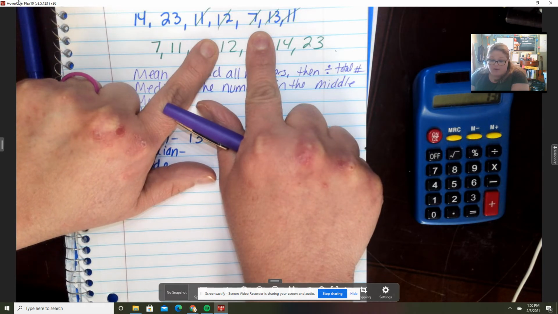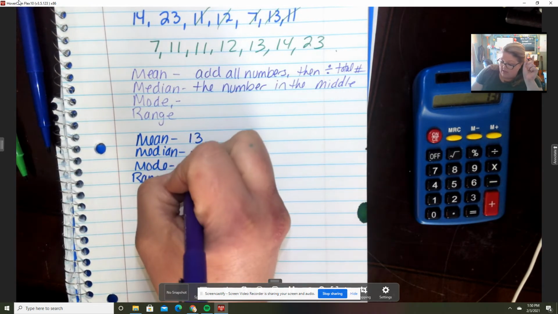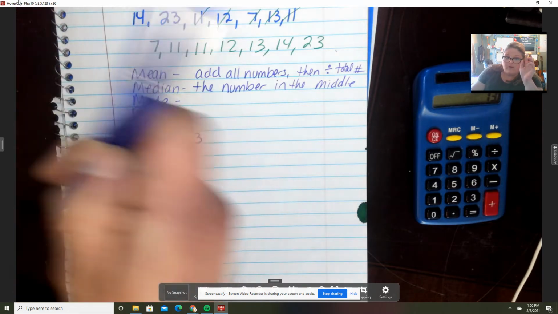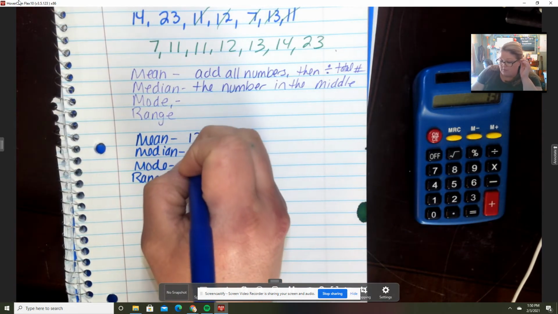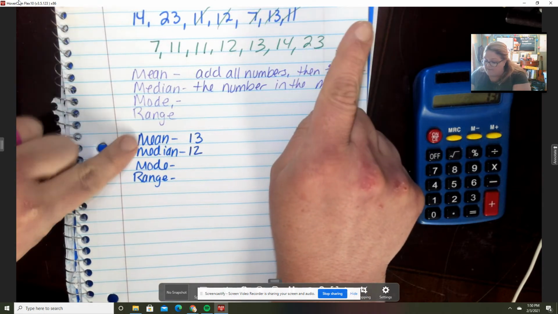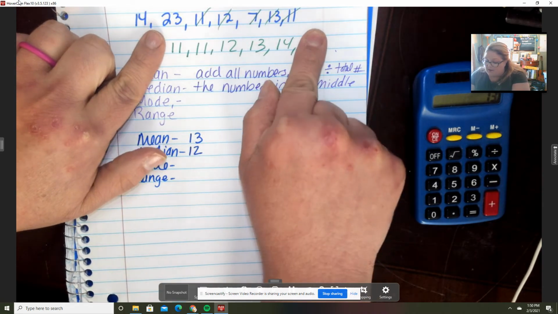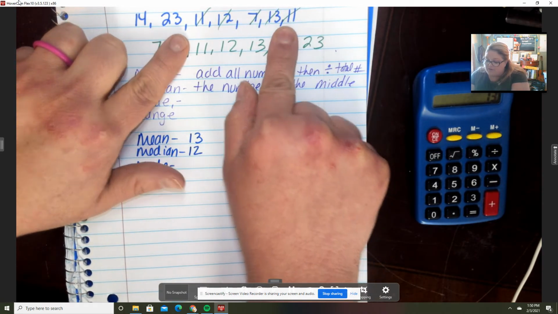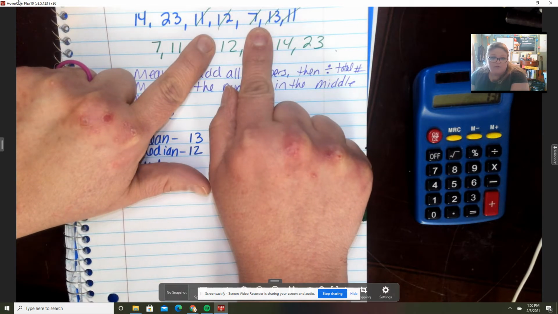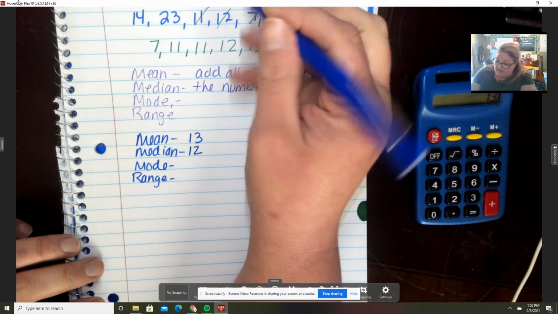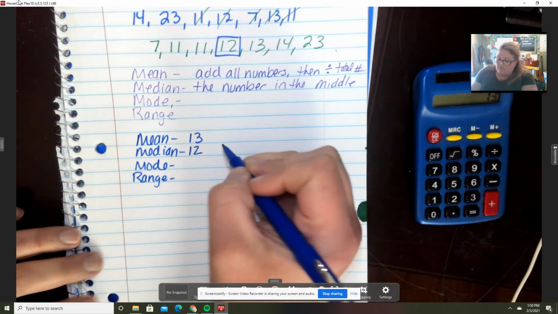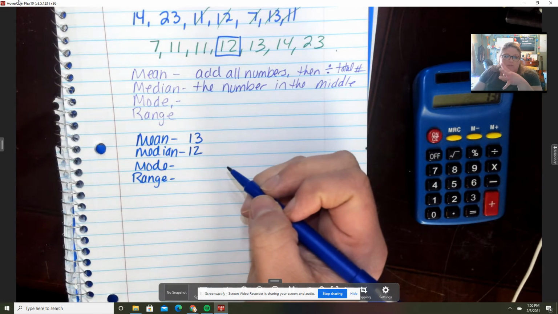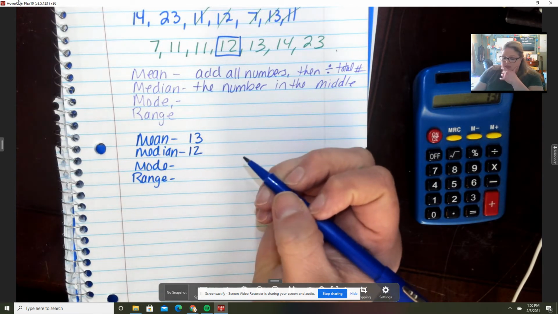And that is 12. And we'll talk about what happens if you don't have a true middle number. We'll talk about that. So again, to find the median, I'm just going to take my fingers and I'm going to cover up 2 numbers until I get to the middle. Okay, so that would be 12. So 12 and 13 are in the middle. They're similar.